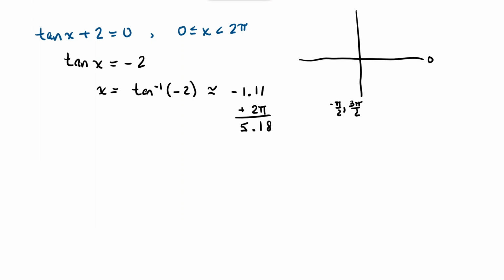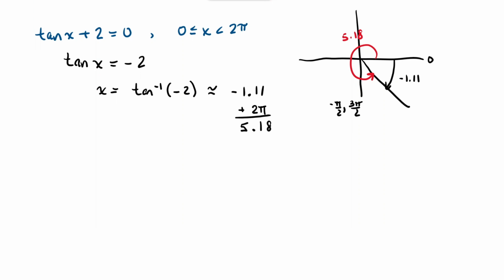Long story short is we know that -1.11 is here. So that angle is -1.11, which is the same as, or I should say coterminal to, this angle here, which is 5.18. So we actually got the quadrant 4 solution right away.